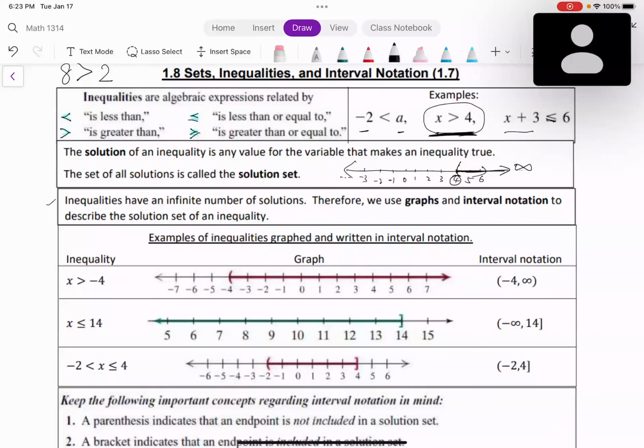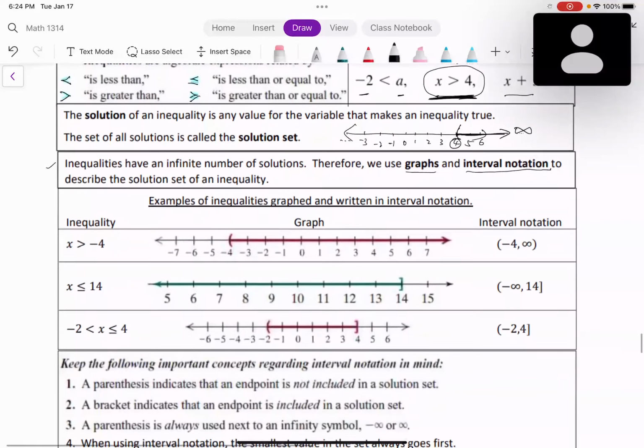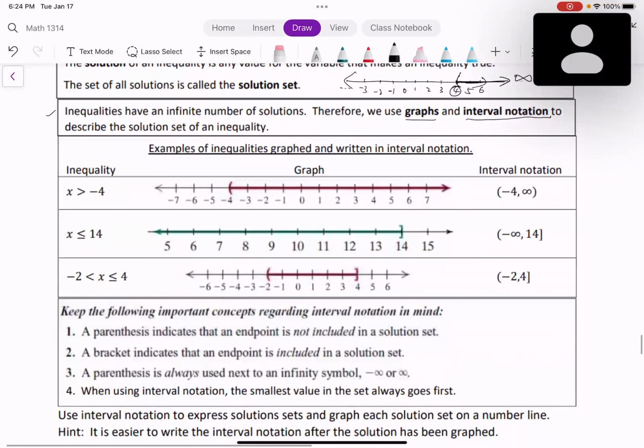Okay, let's see how to express that. Inequalities have an infinite number of solutions. Therefore, we use graphs and interval notation to describe the solution set of the inequality. Examples of inequalities graphed and written in interval notation. First, if I want to express x is greater than -4, we first identify which one is greater.